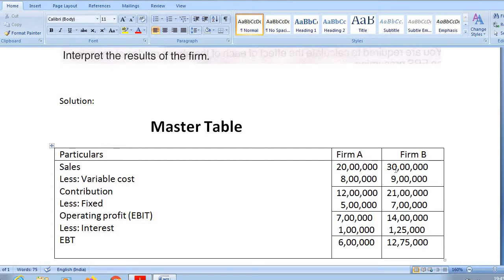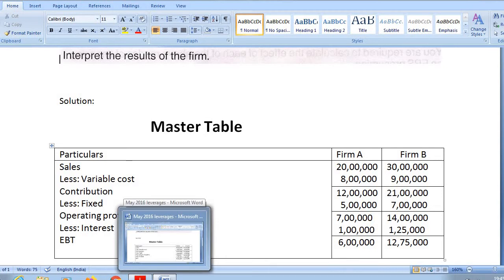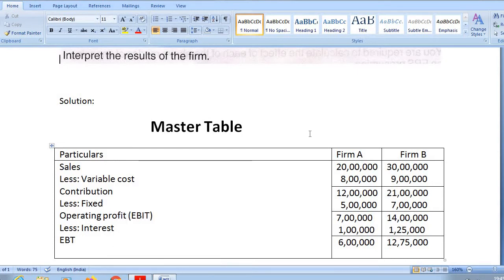Sales of both the firms are given as 20 lakhs and 30 lakhs. Variable cost is given as 40% and 30% of sales. As I explained, variable cost always has a direct relationship with sales.